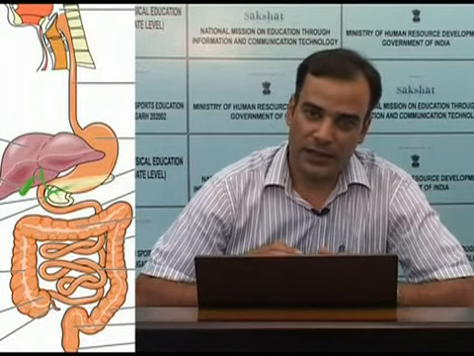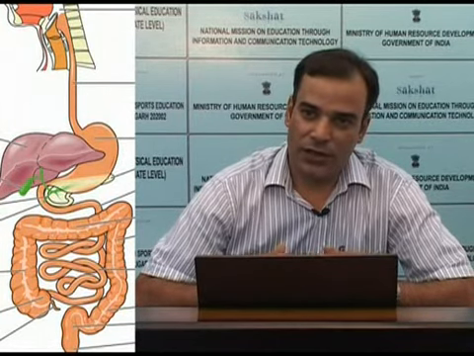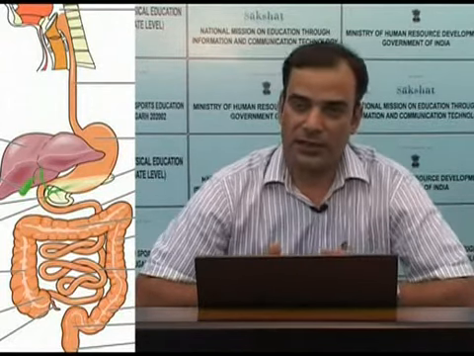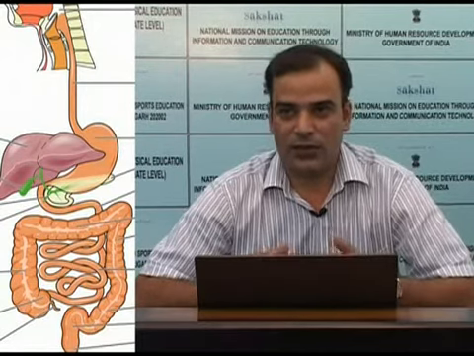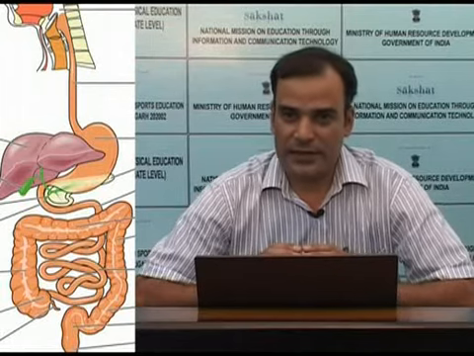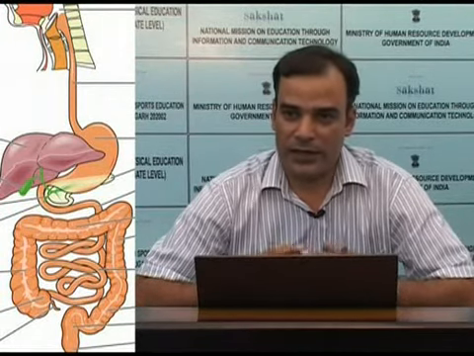The muscle layer is further divided into 2 layers. In the outer muscular layer, the fibers are longitudinal, that's why it's called the longitudinal muscle layer. Inside the longitudinal muscle layer is the circular muscle layer. After the muscle layer is the submucosa, and the innermost layer is the mucosa.